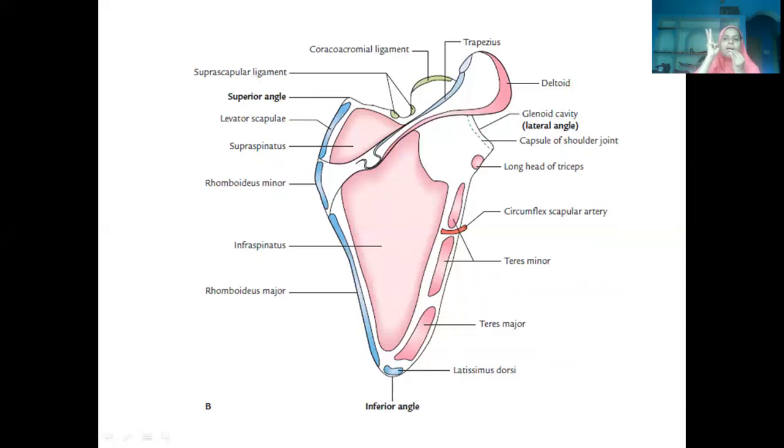I told you deltoid has three origins: the lateral one third of the clavicle, the acromion process, and the lower lip of the spine of the scapula. Its only insertion is on the humerus, the deltoid tuberosity. Deltoid itself can be a very important 5 marks question.